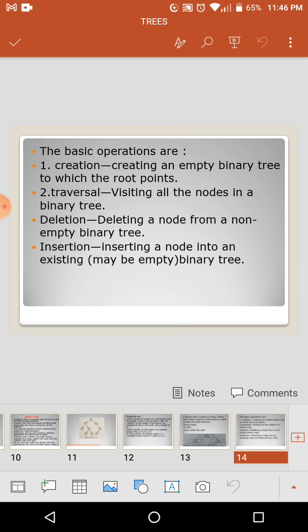Just like the linear data structure ADTs we discussed before, here also we have different ADTs like creation, traversal, deletion, and insertion. These operations are the abstract data types for the binary tree.